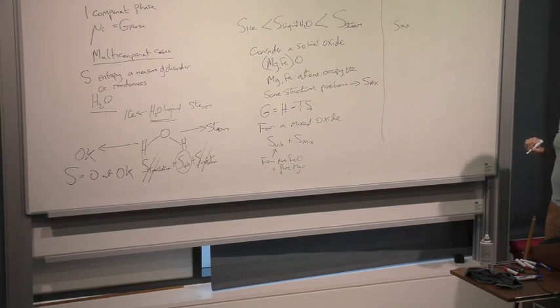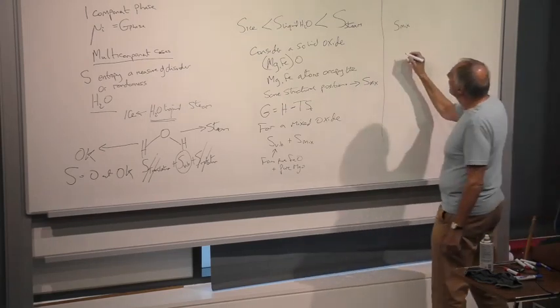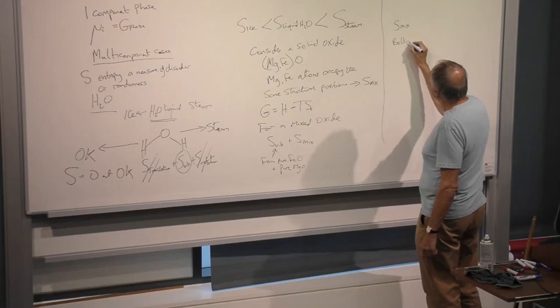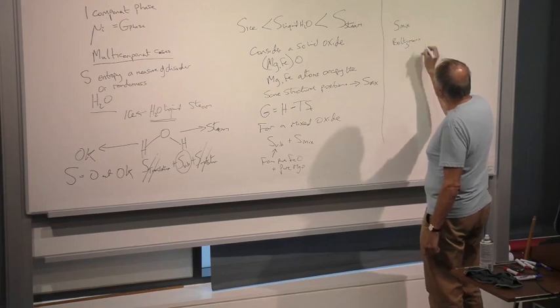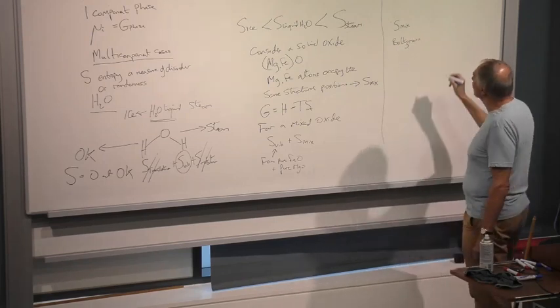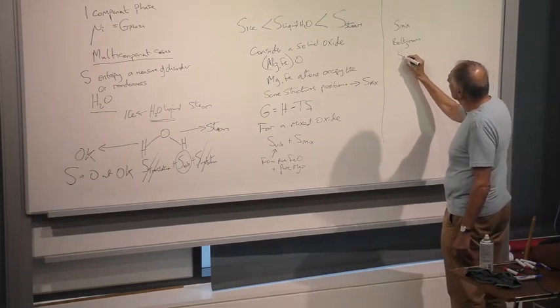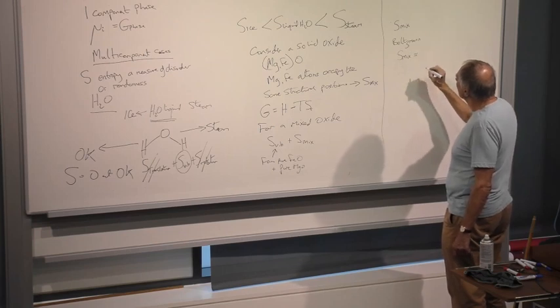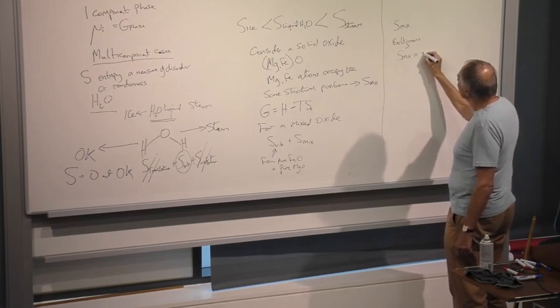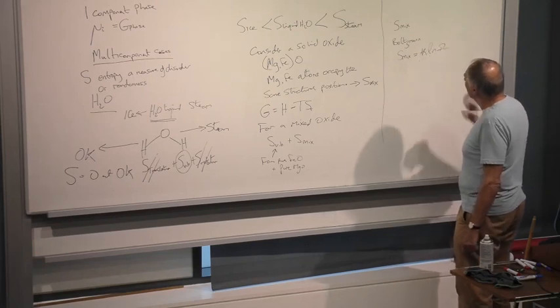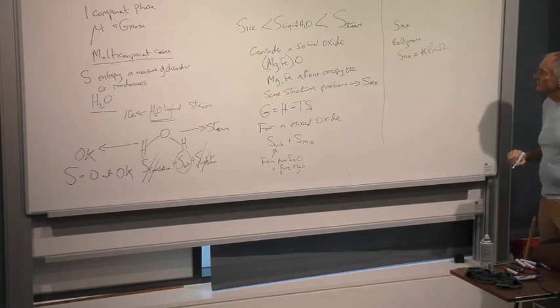All right, so Boltzmann gave us the answer from statistical mechanics. The entropy of mixing is equal to plus k log omega.